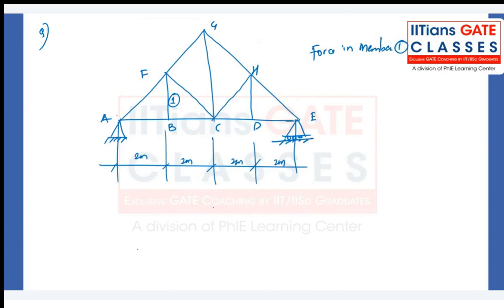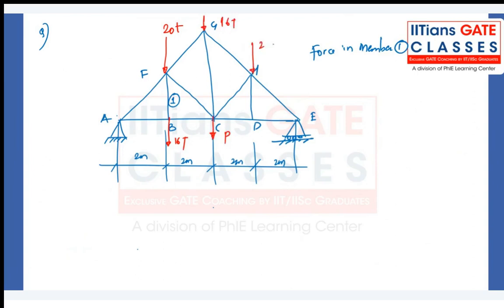The inputs are like this. We have 20 ton load is there. Then we have 16 ton load, P here. Then we have 16 ton, we have 20 ton.